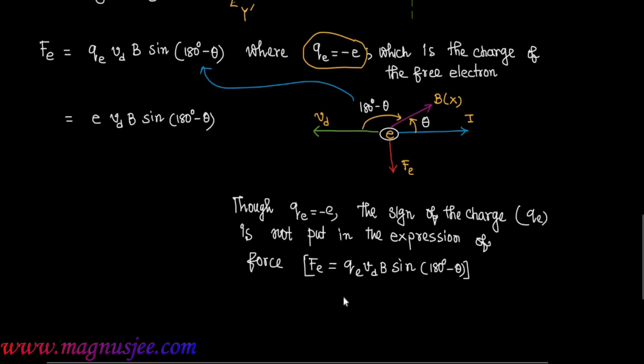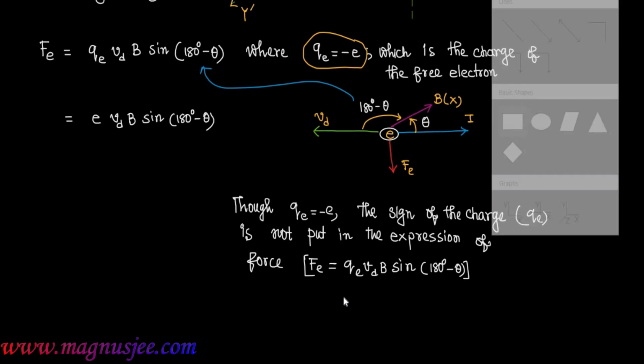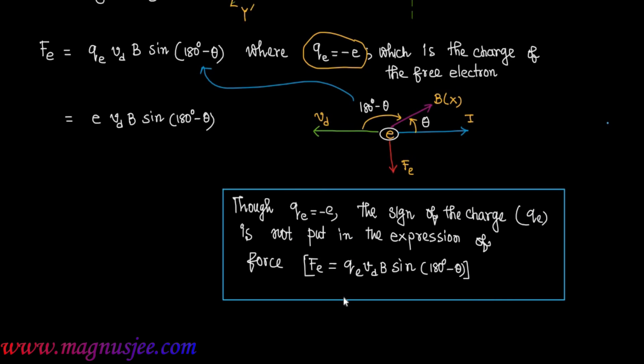Though QE equal minus E, this negative sign will not be used in the expression of the force. Here we have written E instead of minus E. QE was minus E, but here we cannot use the sign of charge. That's why the negative sign is not used in the expression of force.